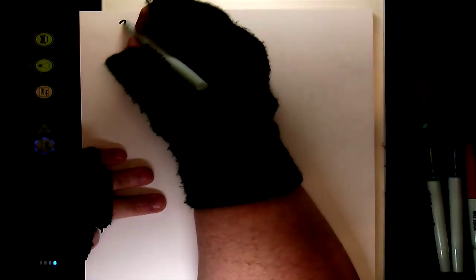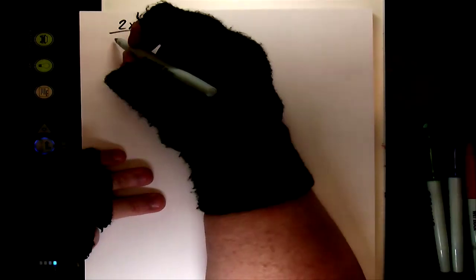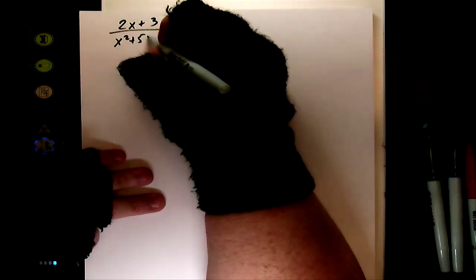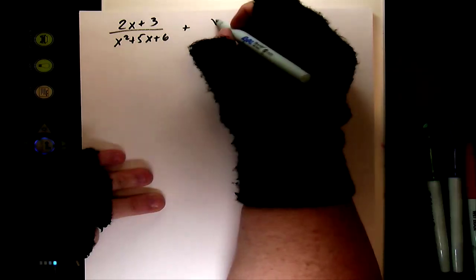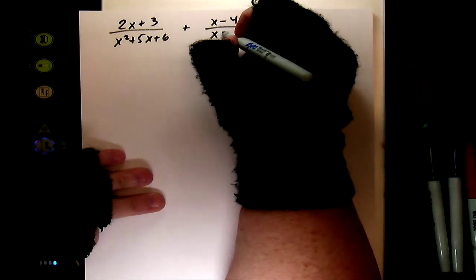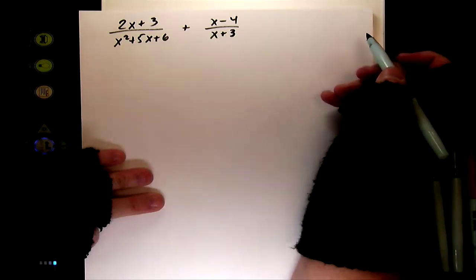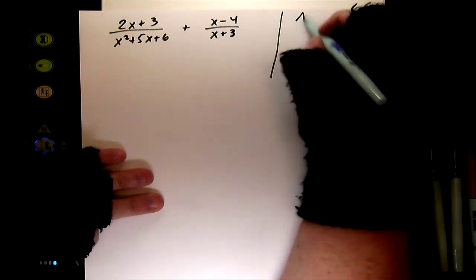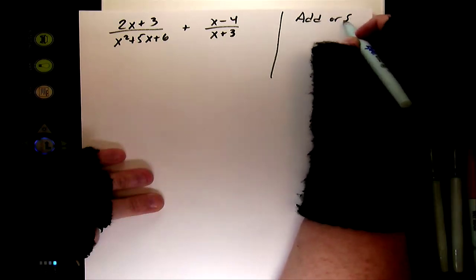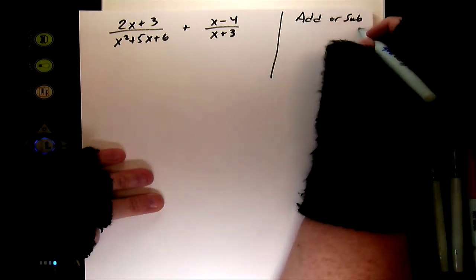Alright, onward. Adding rational expressions. So to add or subtract, we need a common denominator.